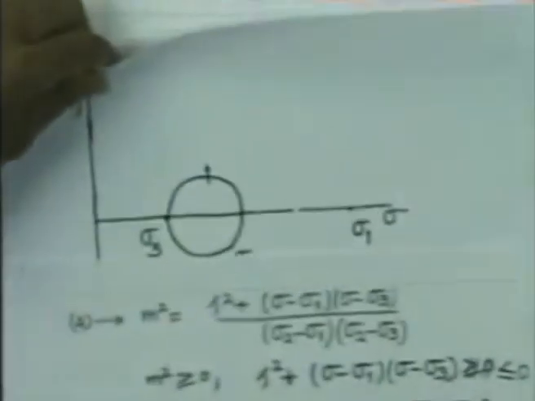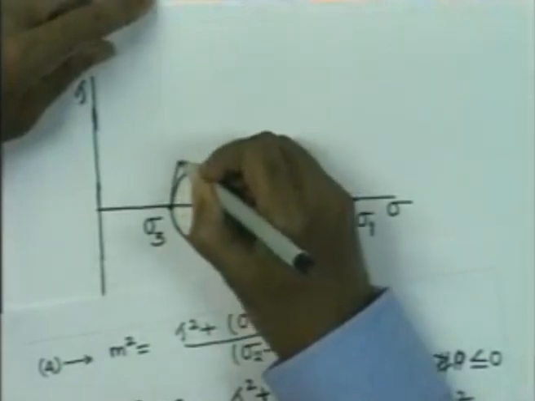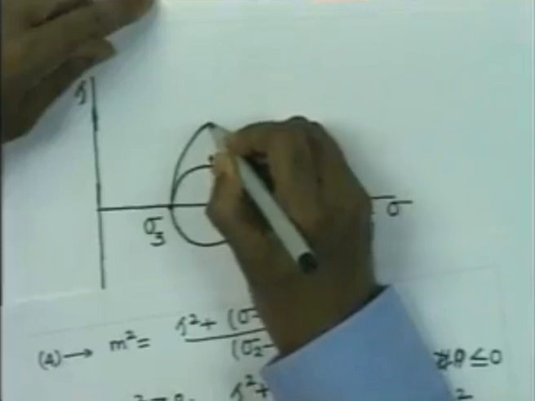So, we can now draw the circle which shows the spread of all the tau and sigma.